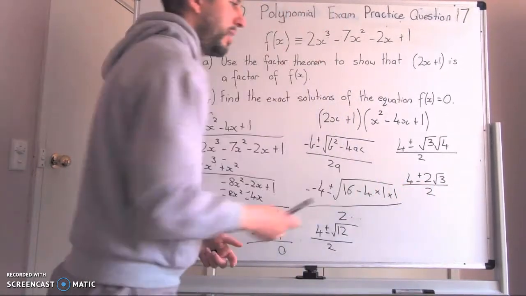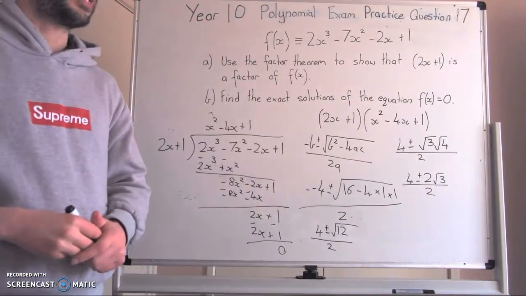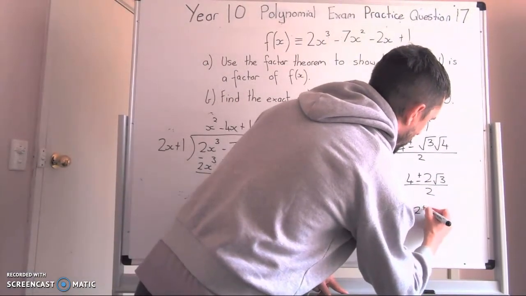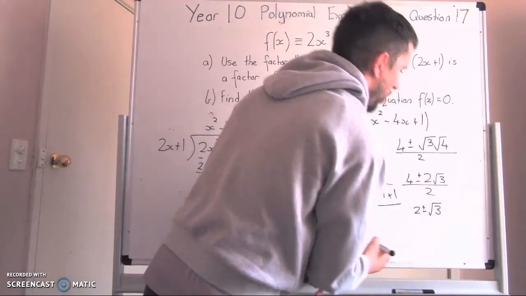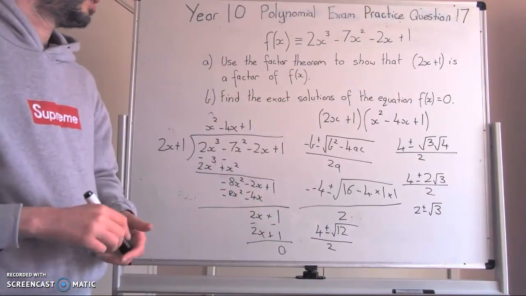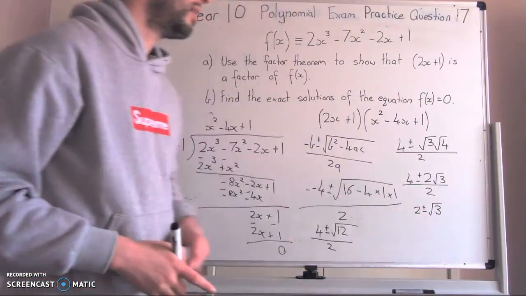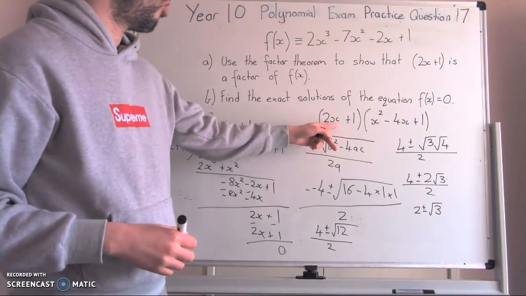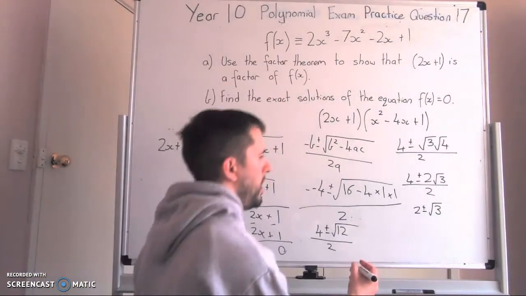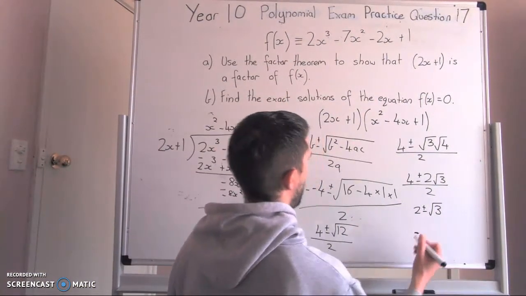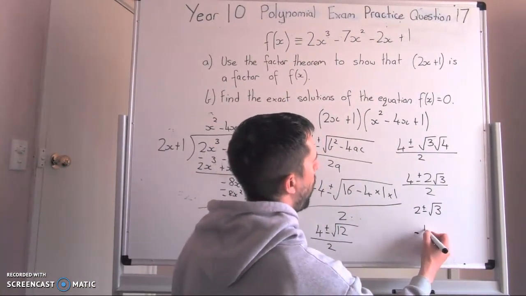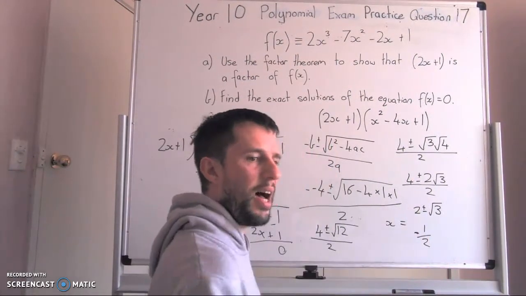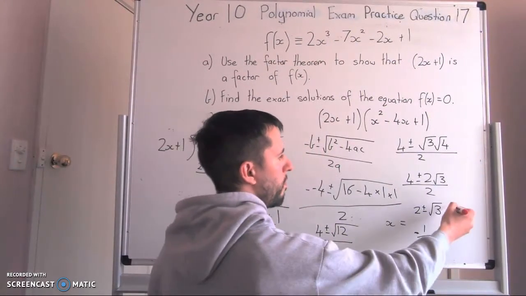There's a common factor here of 2, so I can factor that out, and that gives me 2 plus or minus the square root of 3. So that is two of the solutions. My other solution, which I showed before, is negative 1 over 2. So these are my solutions.